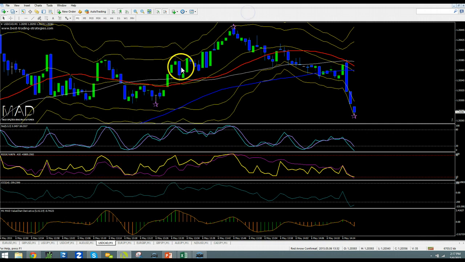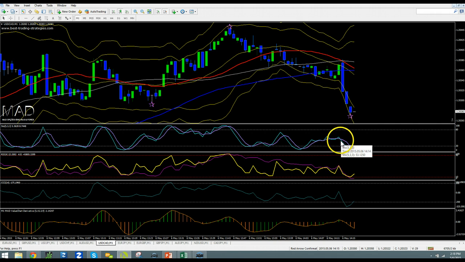So what we mean by confirming in a higher time frame: we have an indicator here, and you can see that the bottoms of here all represent oversold conditions, and the tops represent extremely overbought conditions. So basically, it's the same thing as the Bollinger Bands and the trend channel.